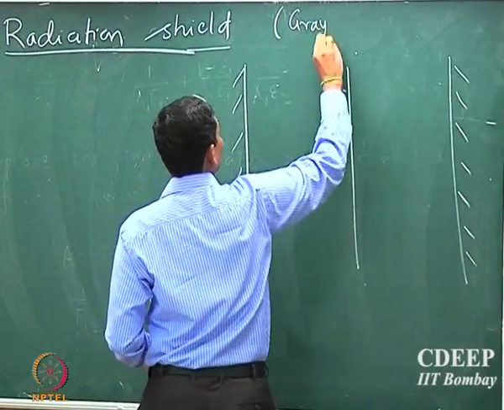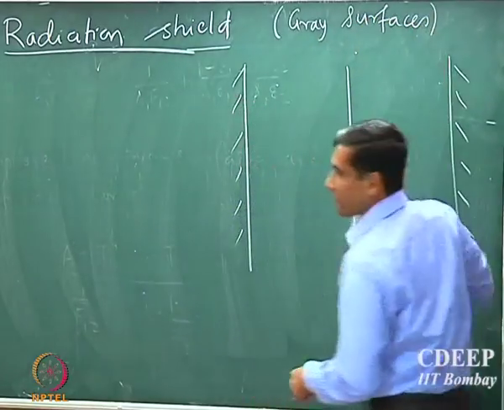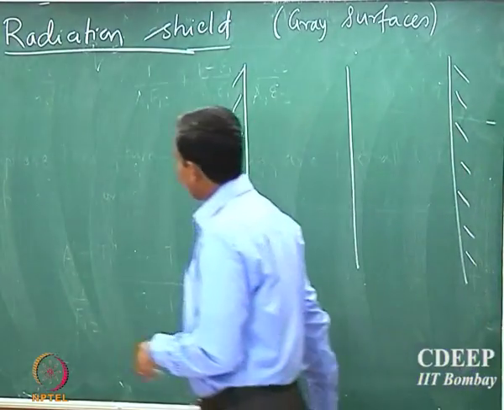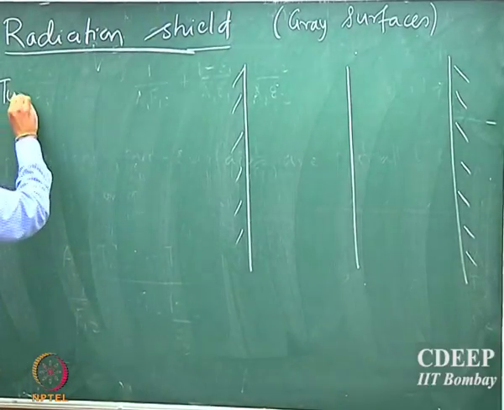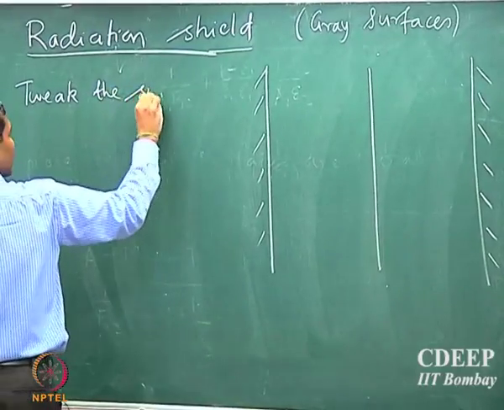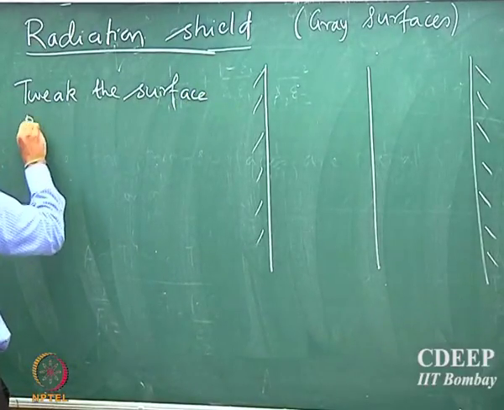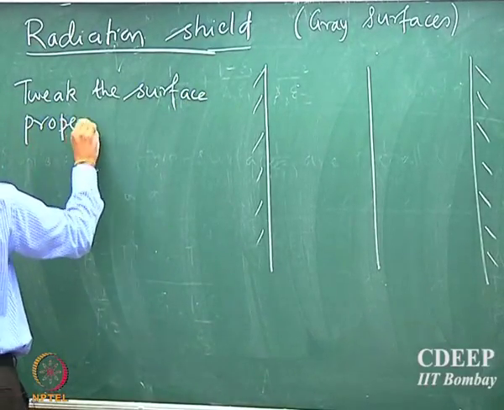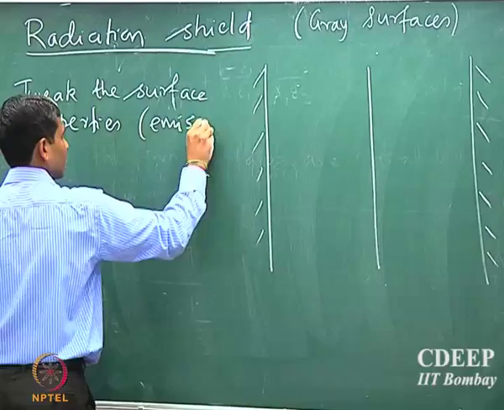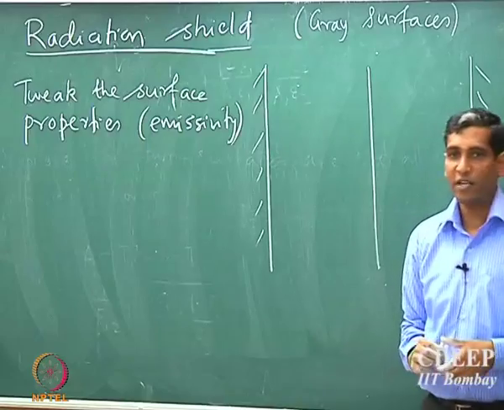Of course, one could derive all the relationships for a general surface, but we will not do that in this course. So the way it's done is, we tweak the surface properties, particularly emissivity.